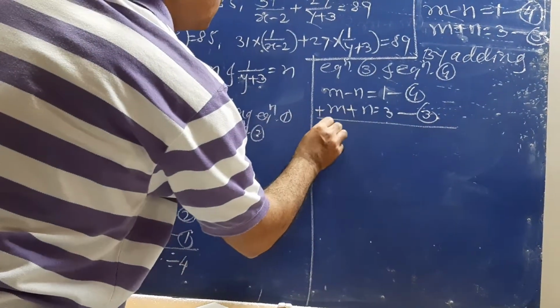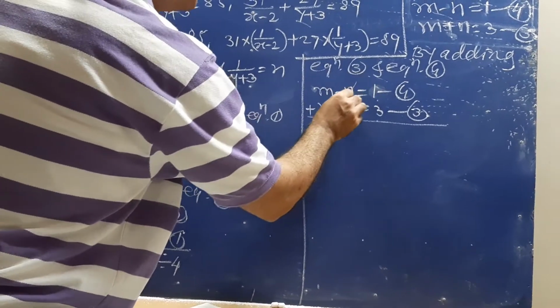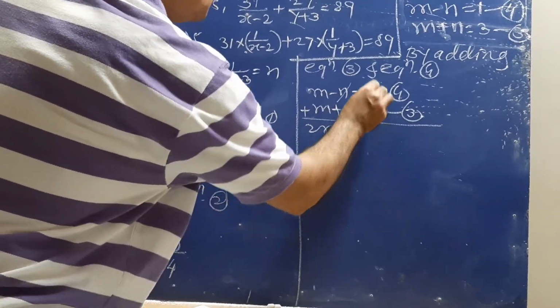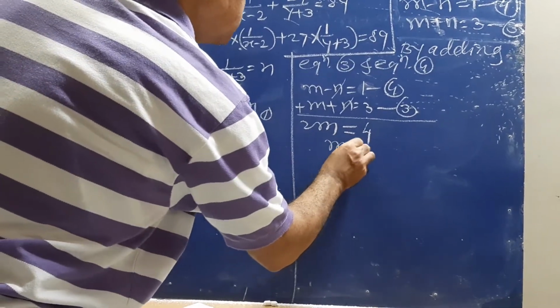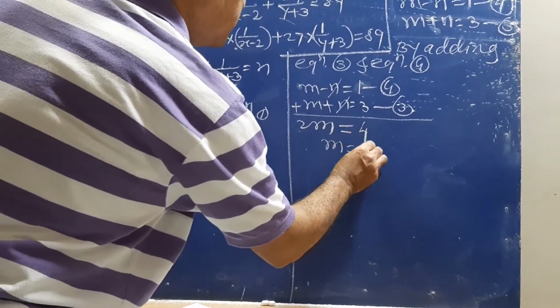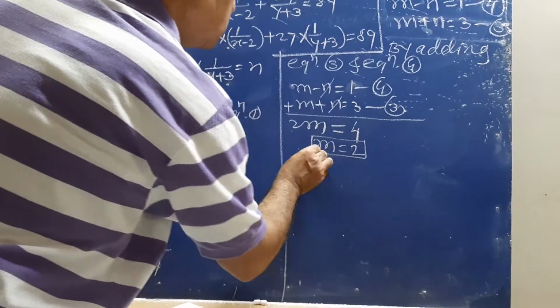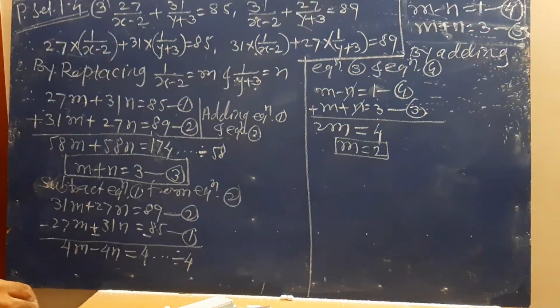M plus m, 2m, minus n plus n gets cancelled, 1 plus 3, 4, means m is equal to 4 upon 2 is 2, means the value of m is 2.